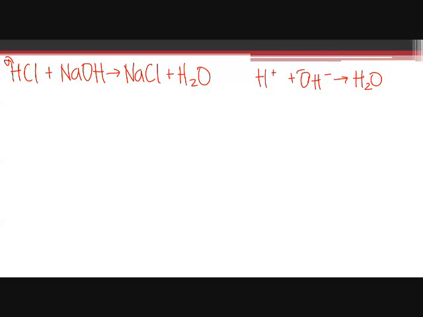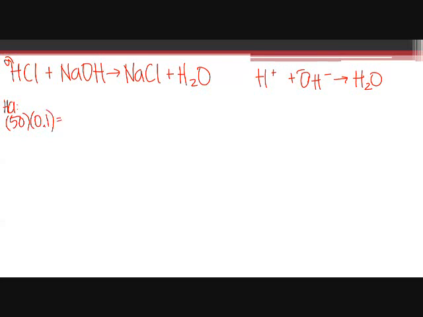The first thing that we did in example 8 is we have to figure out what the new molarities are when we first mix them together, because there's going to be a total volume change there. So for the HCl, we had originally 50 milliliters of a 0.1 molar solution.